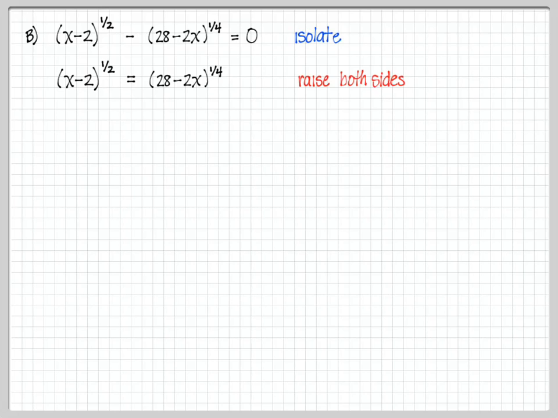The next step is to raise both sides to the reciprocal of the exponent. But which reciprocal? We've got this rational exponent of 1/2 and we have this rational exponent of 1/4. So are we going to raise it to the 2/1 power, or are we going to raise it to the 4/1 power? Well, I'm going to show you that in a way it's not going to matter.